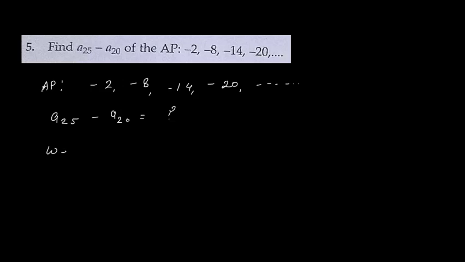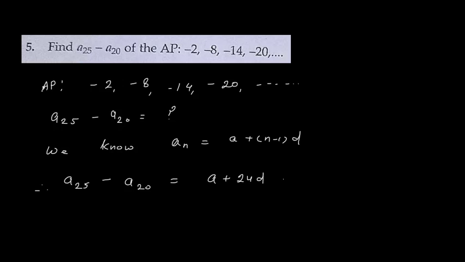We know the formula, that is an is equal to A plus (n minus 1)d. Therefore A25 minus A20 is equal to A25, which can be written as A plus 24d, minus A20, which can be written as A plus 19d.